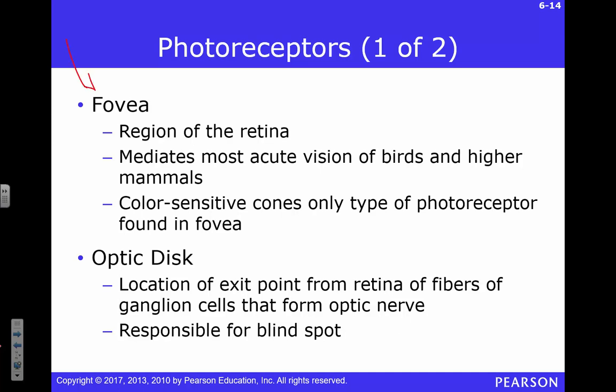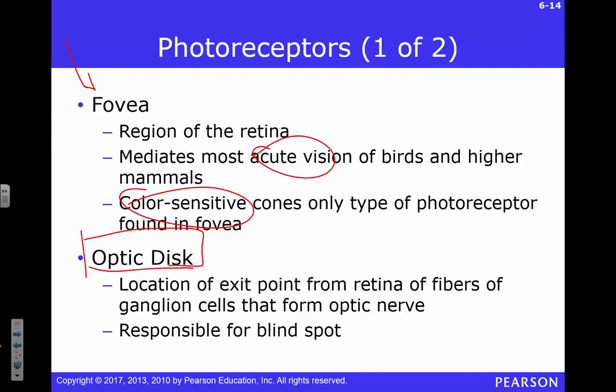Fovea, we already talked about that. Very acute vision, color-sensitive area. There is a spot called the optic disc. This is kind of cool. So all of those photoreceptors, they have to have axons coming out of them, right? Because they're cells of your nervous system. In fact, they're the only cells of your nervous system that are visible without busting you open, right?